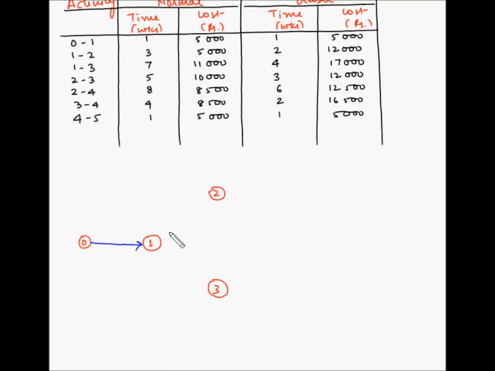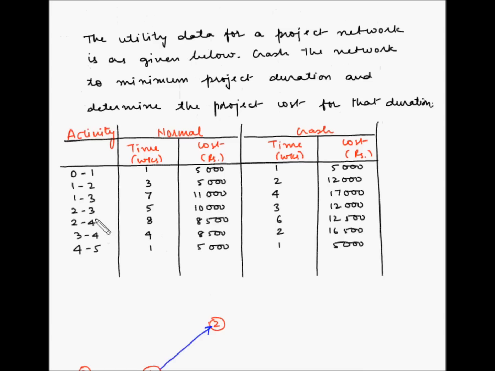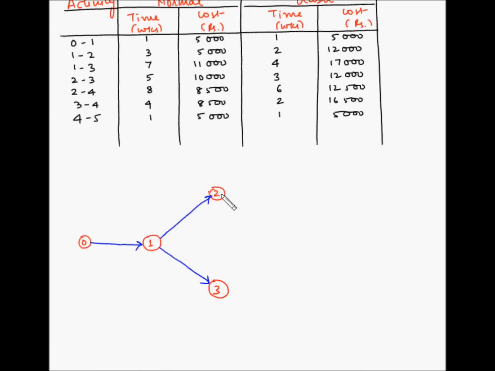Let's draw the activities. So this is 1 2 and this is 1 3. Next are 2 3 and 2 4. So from 2, one activity is going to node 3 and one is going to 4.